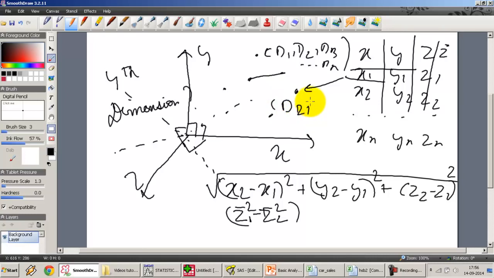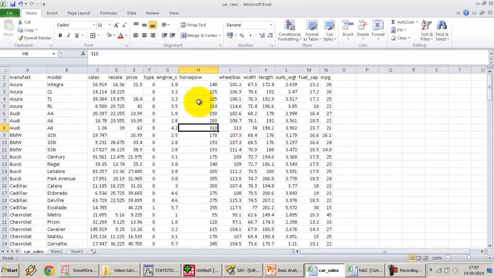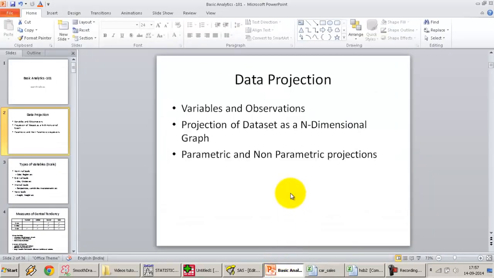So this becomes d1, d2, d3, d4 all the way till dn for that particular observation, right? So that is how I'm going to project a data set having any number of variables from 1 till infinity onto an n-dimensional space, which will have as many dimensions as I've got variables, right?